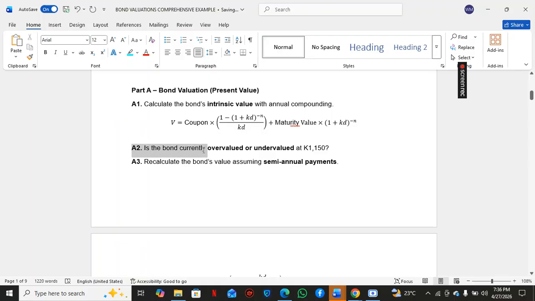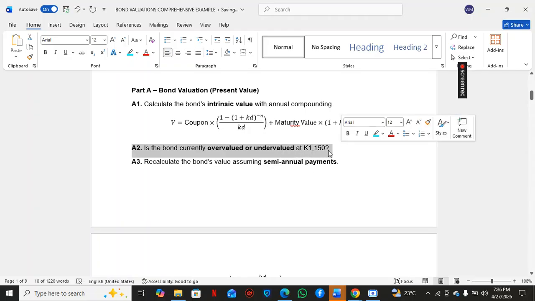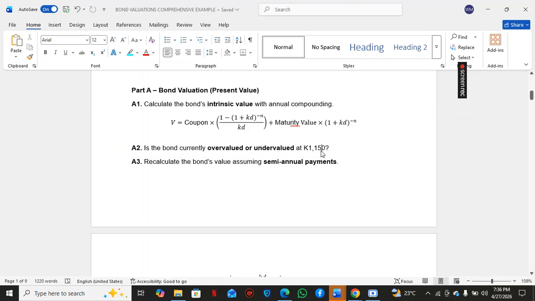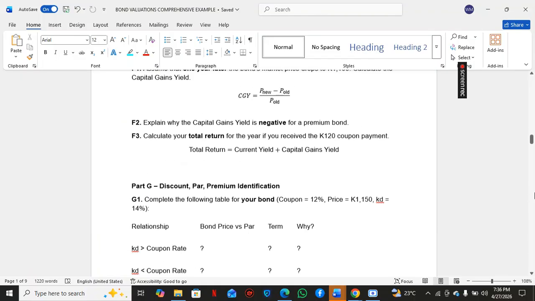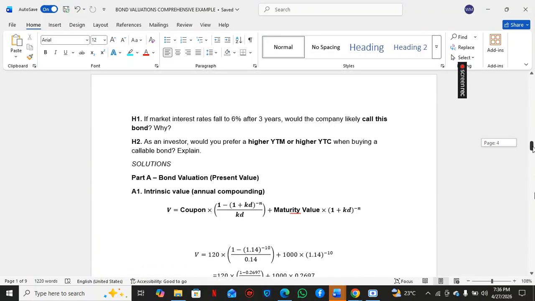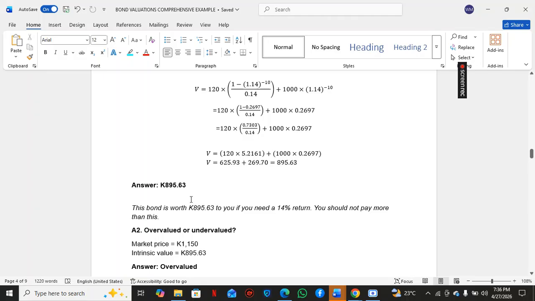Part 2. Is the bond currently overvalued or undervalued at 1,150? That's the market price of the bond. So the bond is undervalued. I mean overvalued, because it's supposed to be 895, but people are paying 1,150. So it is overvalued.